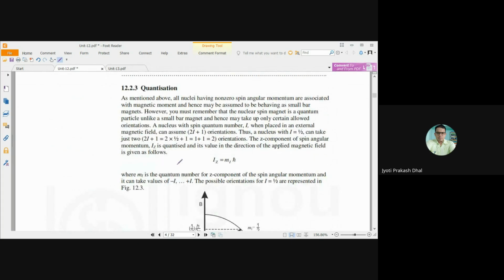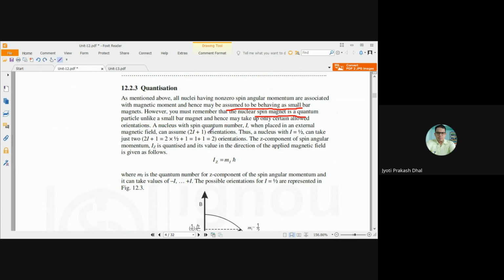Now coming to quantization. All the nuclei having non-zero spin angular momentum, that means I is not equal to 0, are associated with magnetic moment, and hence may be assumed to behave like a small bar magnet. However, you must remember that the nuclear spin magnet is a quantum particle, unlike a bar magnet, and hence may take up only certain allowed orientations.